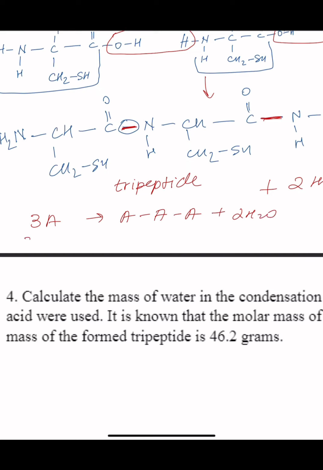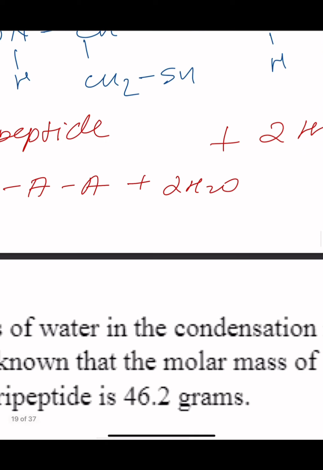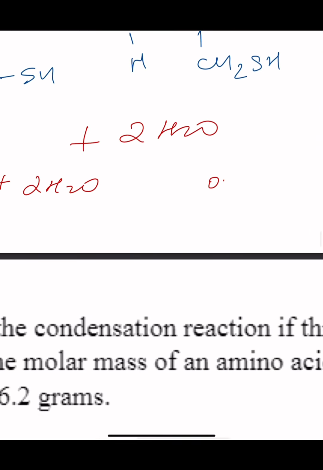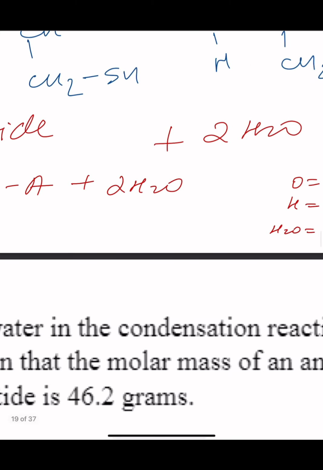So this would be 3 times 121, which is 363, right? And you need to figure out the molar mass of water. If you check out, oxygen is 16, hydrogen is 1. So water would be 16 plus 2, which is 18 grams. So when you have 2 moles, this would be 36.